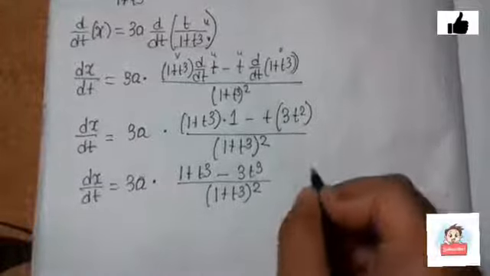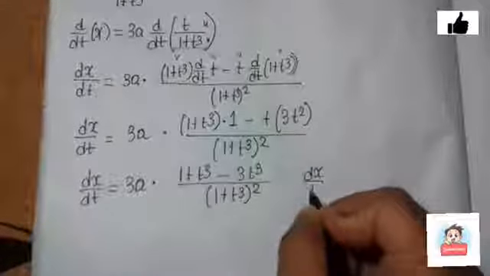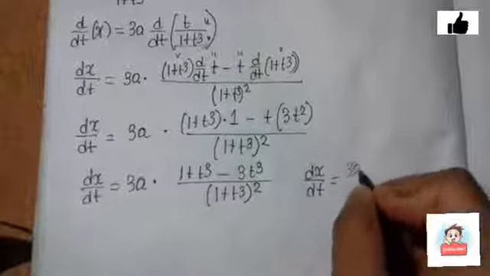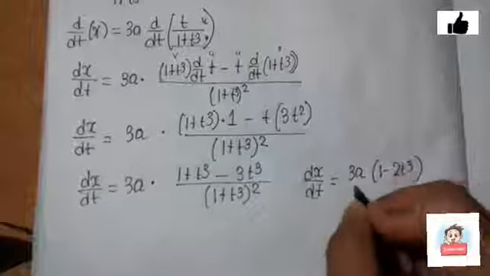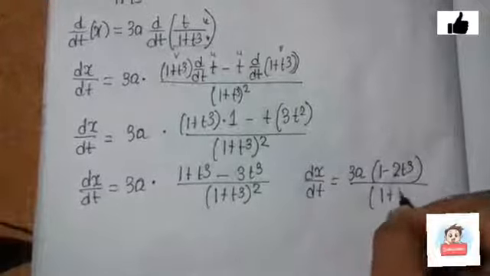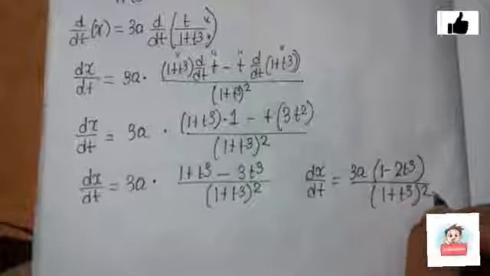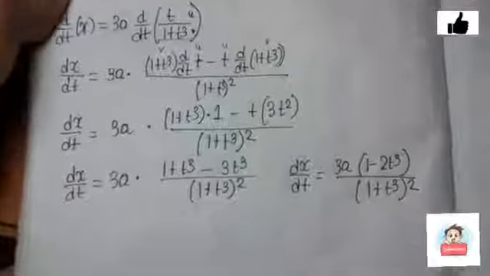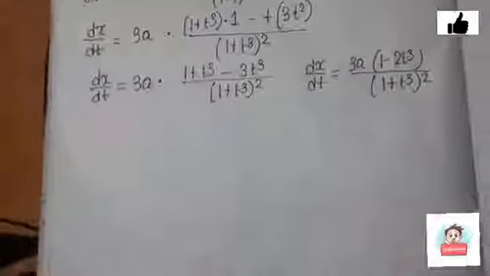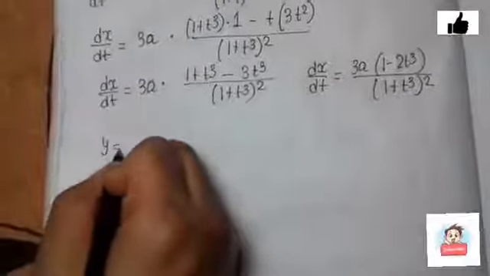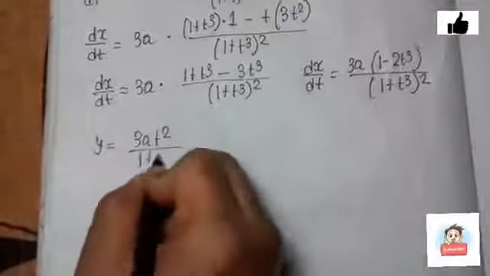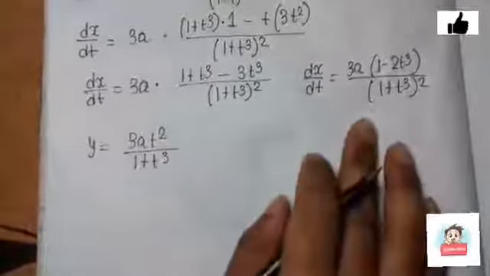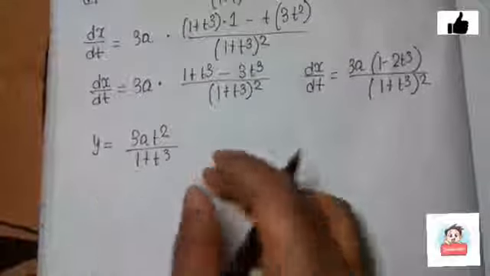The final answer comes to dx by dt equals 3a into 1 minus 2t cubed, whole divided by 1 plus t cubed whole square. See, this is a very long sum. Now we will solve for y, as y is 3at square by 1 plus t cubed. You just solve the upper part.